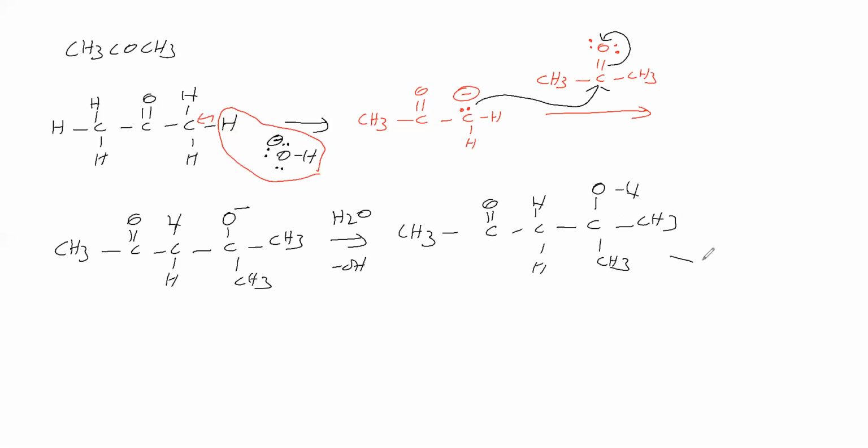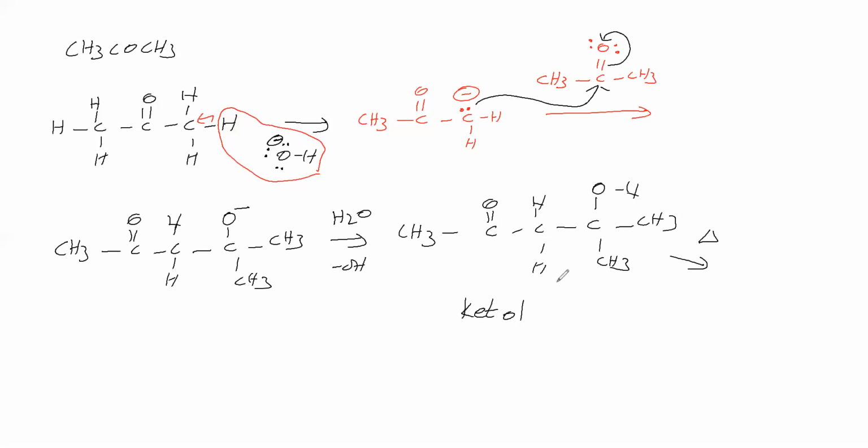Next, on warming, what happens? This is also an aldol, but here a ketone is there. Otherwise, we can say it is a ketol: the first three letters of ketone, and the alcohol suffix ol.